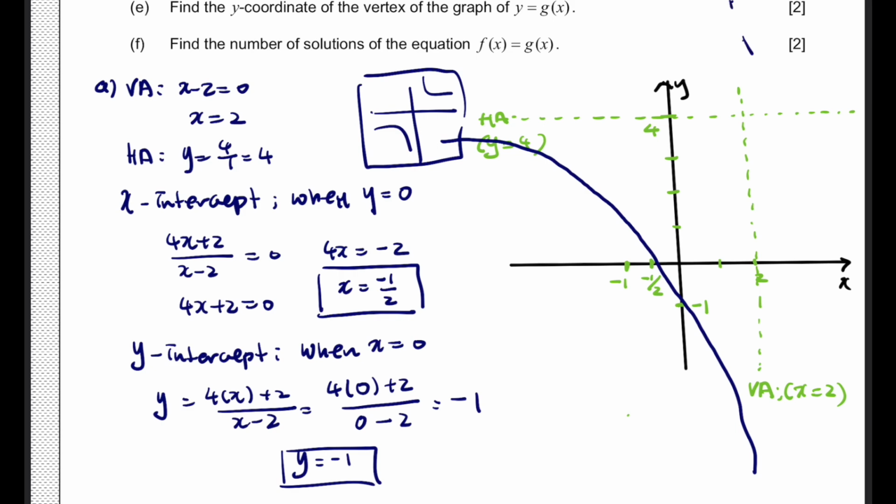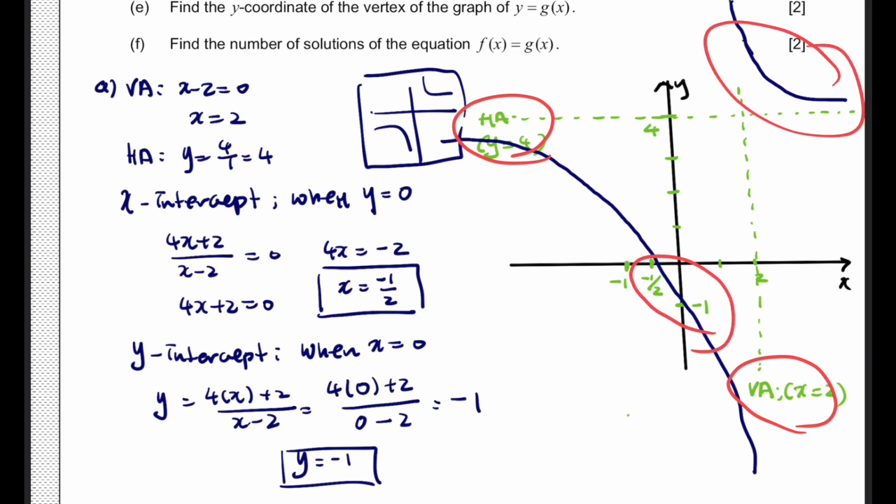So I'm just going to correct this. I really suggest that your graphs are fully showing, just like this way, right? The graph doesn't have to have a perfect shape, but what you need to show the most is your horizontal asymptote, vertical asymptote, and two intersection points, and also the shape of the graph. Then you can get the full points for this question.